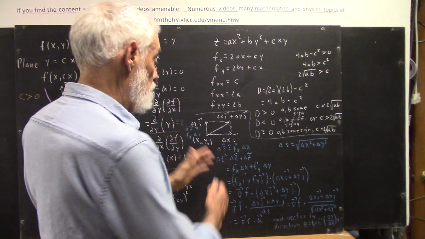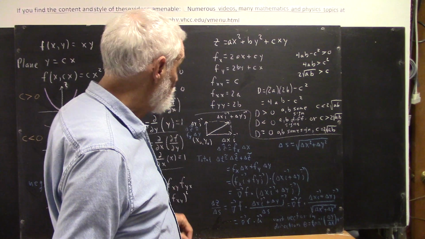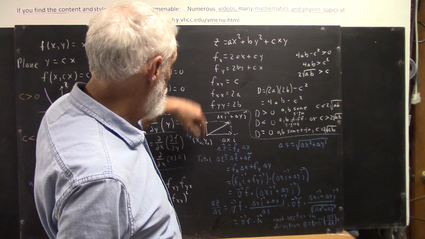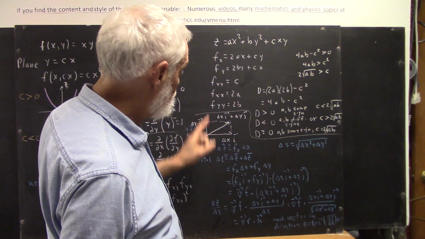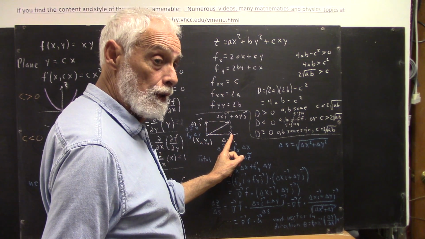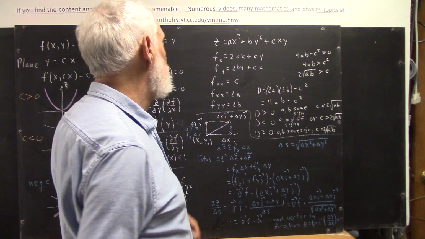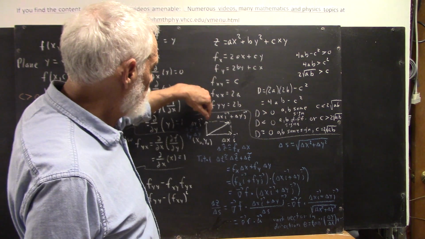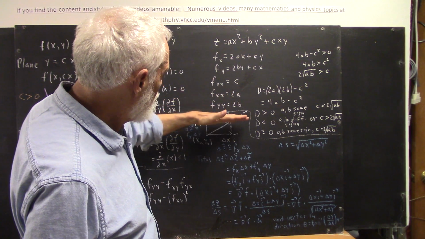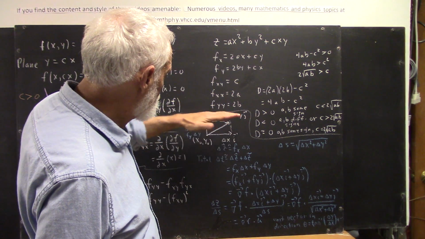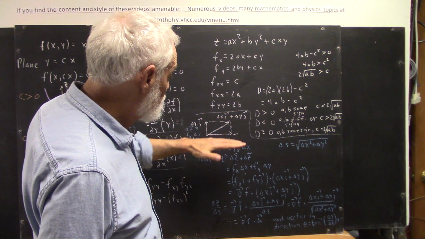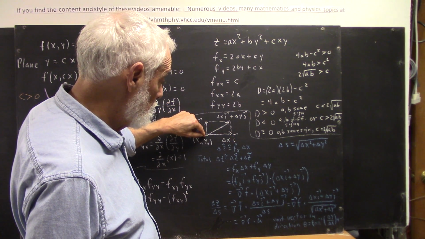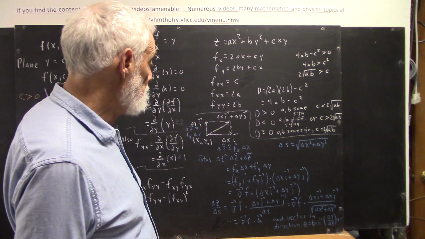Well, the reason is that delta x is presumably small, and if delta x is small enough, then your slope in the y direction isn't going to have time to change by much when you get here. Similarly, your slope in the plane that slices the graph here isn't going to vary much from the slope that you get here. The slope that you get at this point won't be much different than the slope you get here.